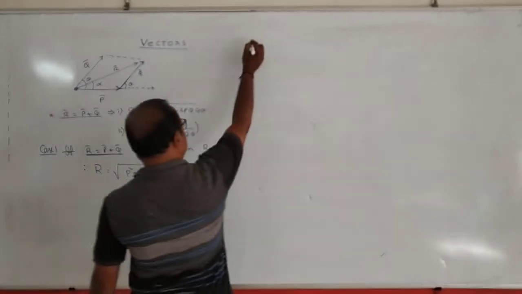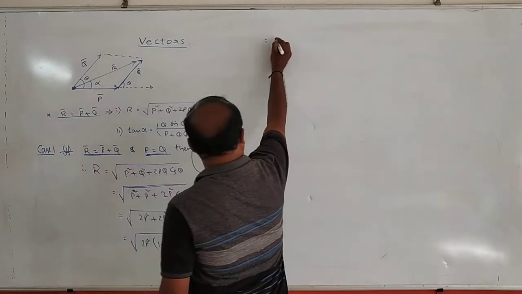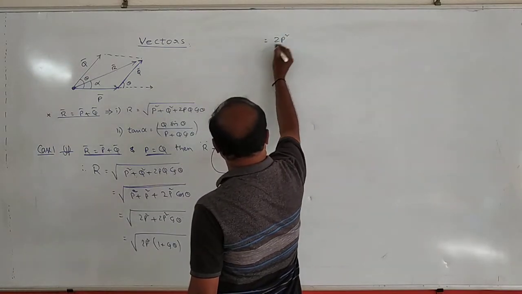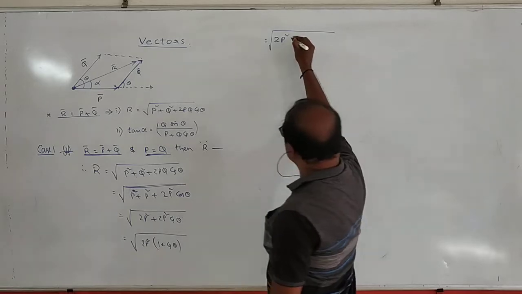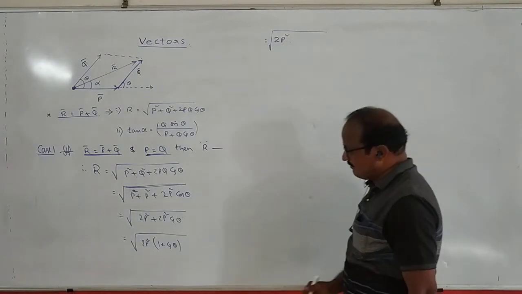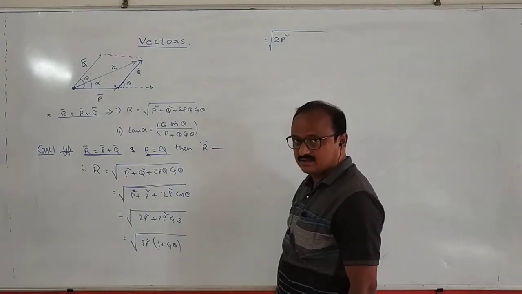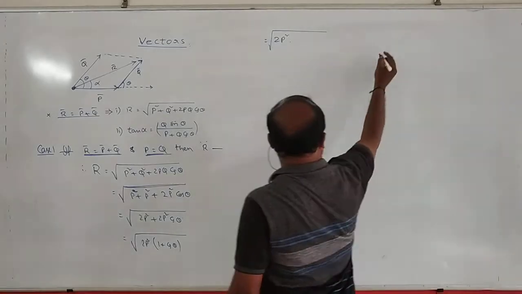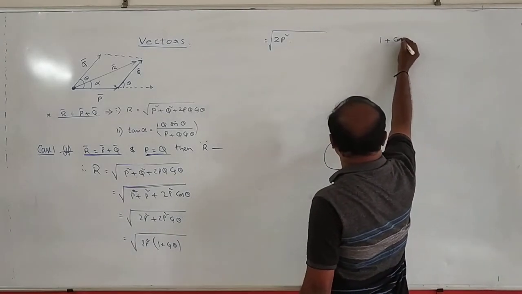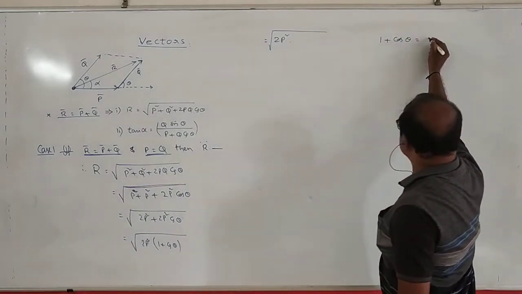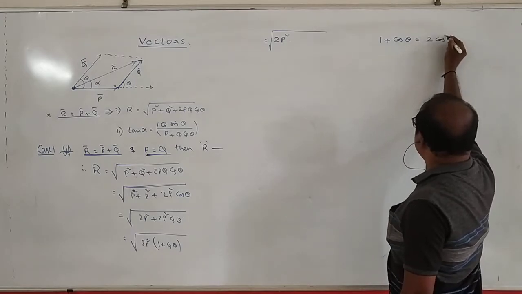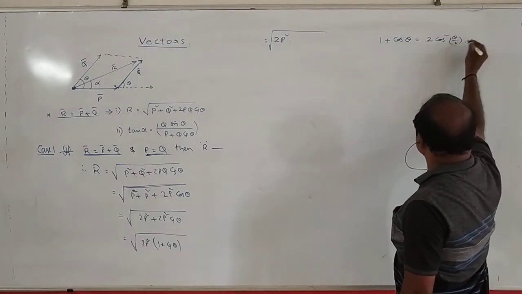Therefore, that is equal to root of 2P square into, what is the formula for 1 plus cos theta? In trigonometry, 1 plus cos theta is equal to 2 cos square theta by 2. This is the formula.